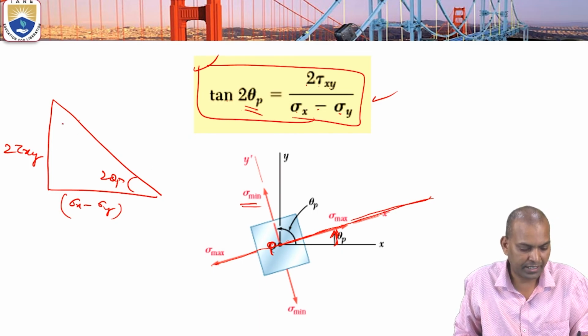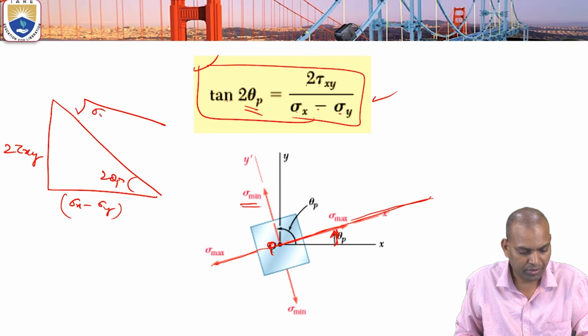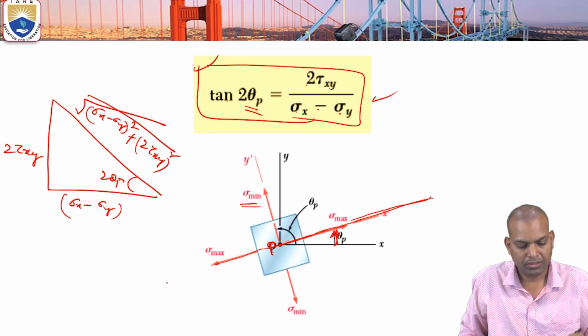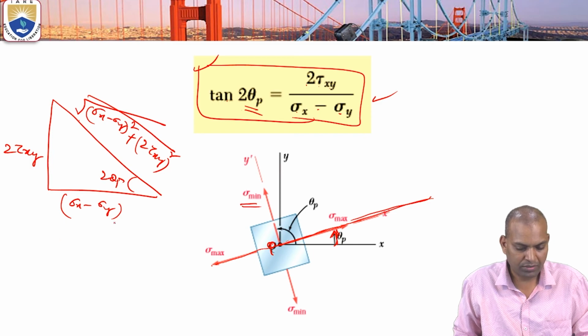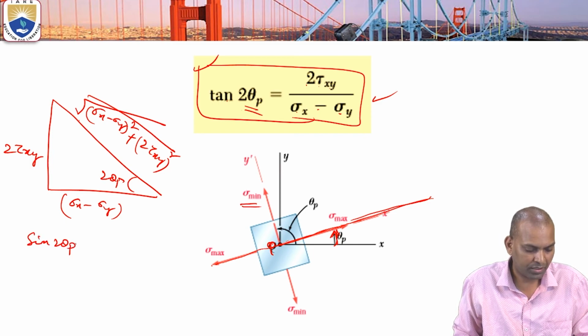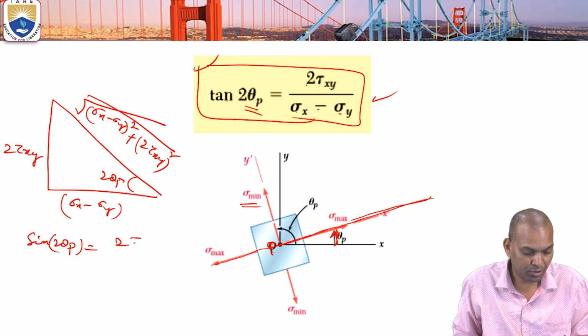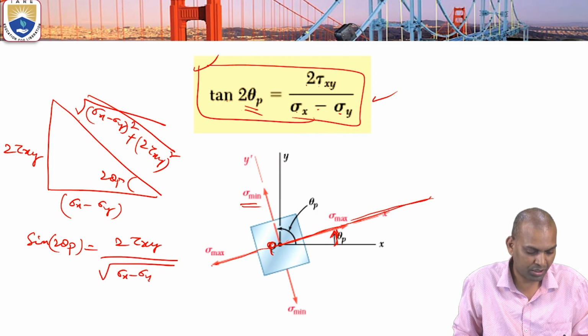The hypotenuse is the square root of sigma x minus sigma y whole square plus 2 tau xy whole square. Now we want sin 2 theta p. Sin 2 theta p means opposite side by hypotenuse, that is 2 times tau xy by the square root of sigma x minus sigma y whole square plus 2 tau xy whole square.